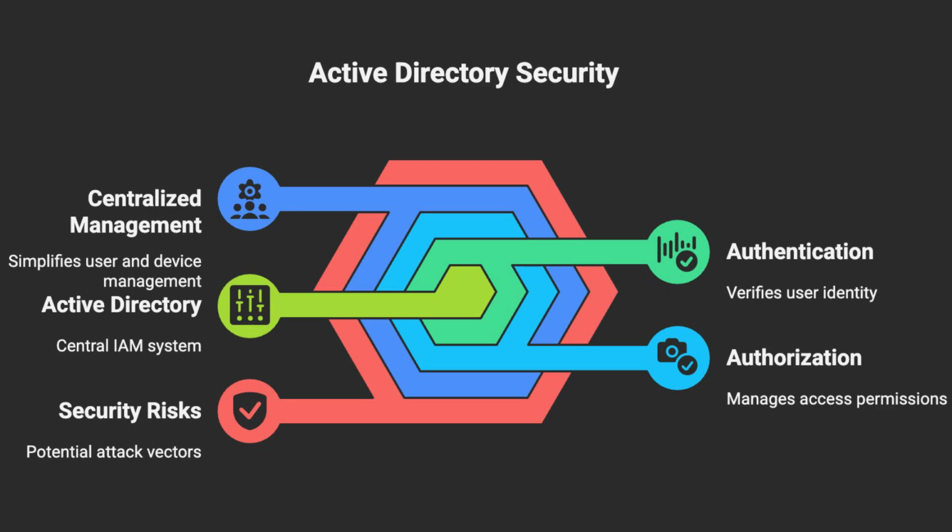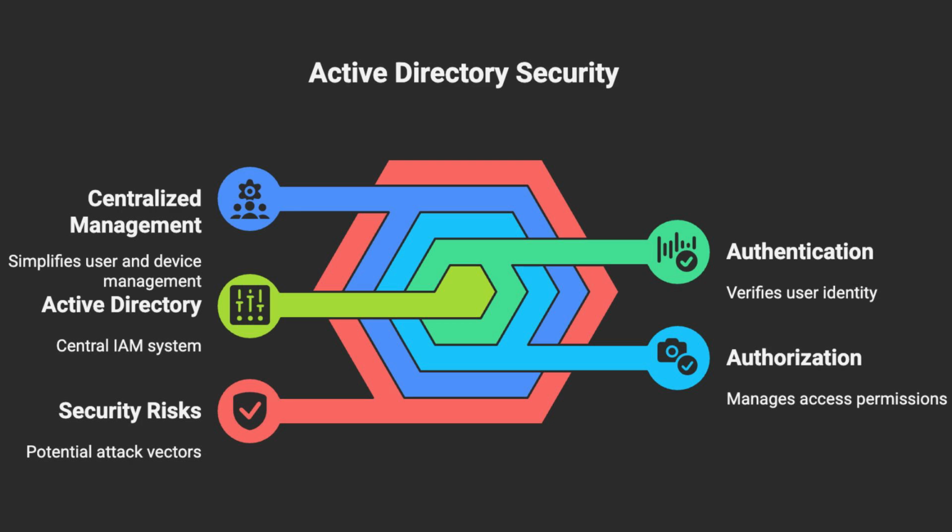Authorization: once authenticated, AD determines what resources you are allowed to access. That is your authorization. Third, centralized management. It simplifies the management of users, groups, and devices, making it easier to enforce security policy.